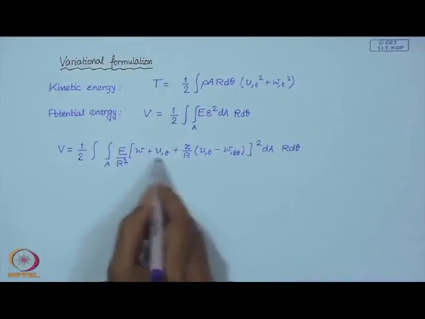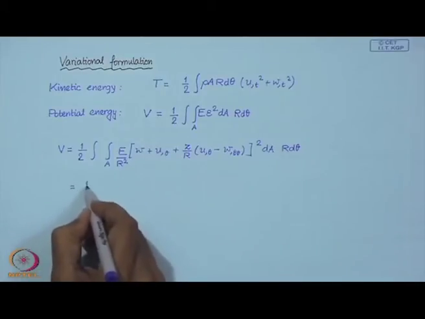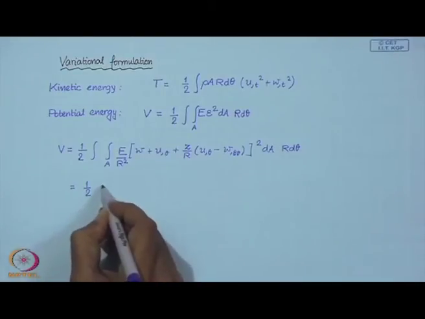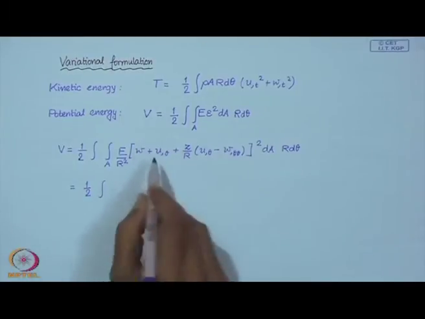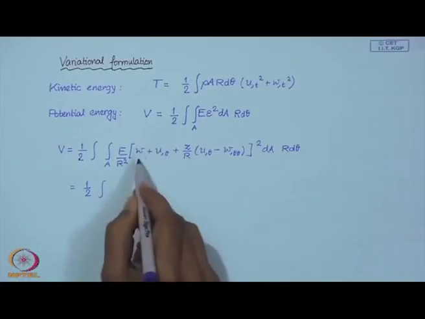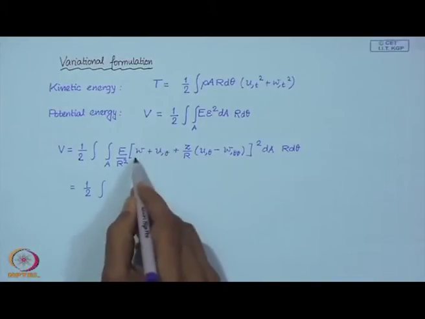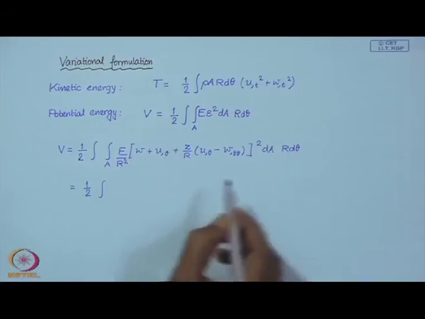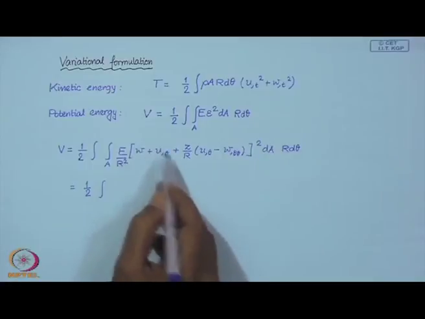Now, if you square this, these terms will give (w plus ∂u/∂θ) whole square, and that when integrated over the area, these terms will have nothing to do with the area.